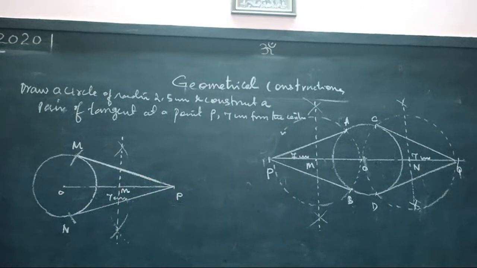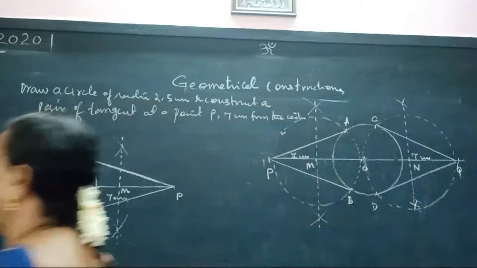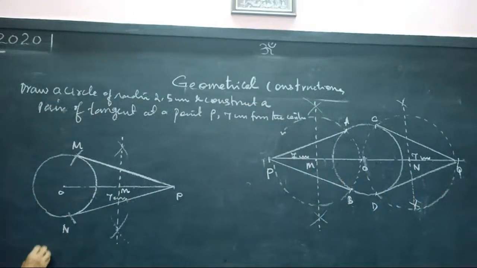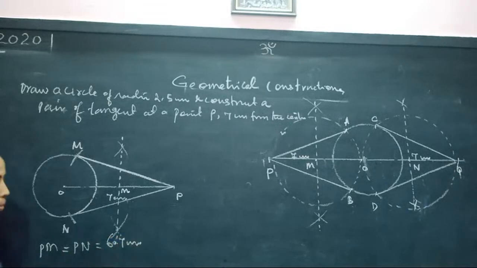What do you get? Did you measure? What is the measurement? You should get PA equals PB, 6.7 centimeter approximately.